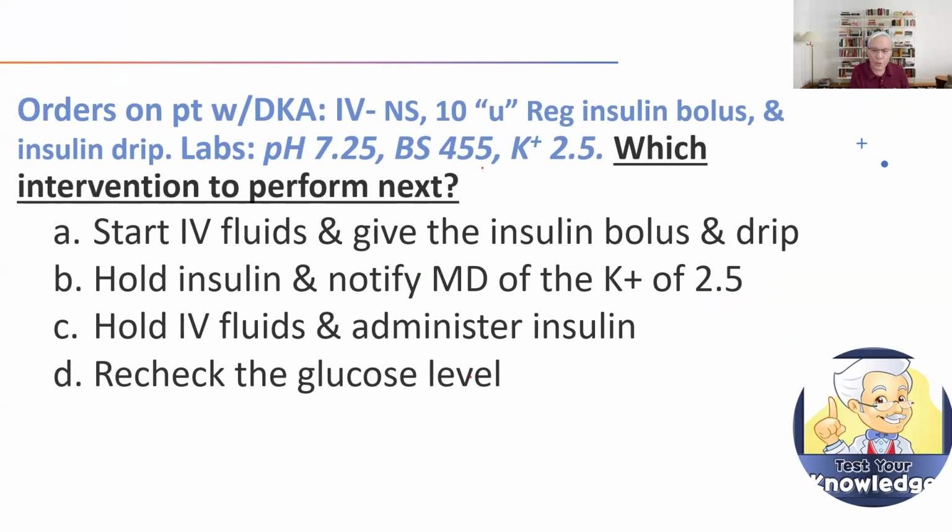And the principle is to remember that we are not going to treat the patient with hypokalemia with regular insulin, because regular insulin will drive the potassium back into the cell. That is the reason why insulin is also given to correct hyperkalemia.